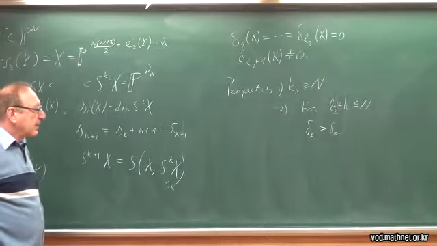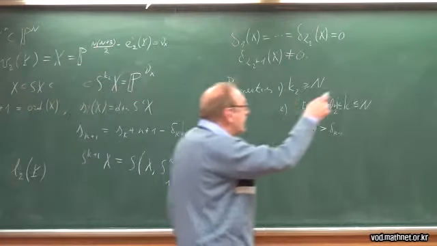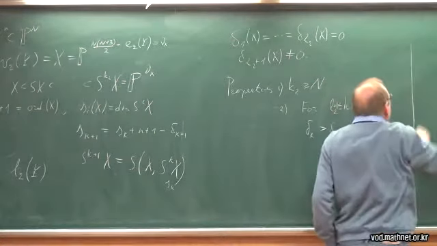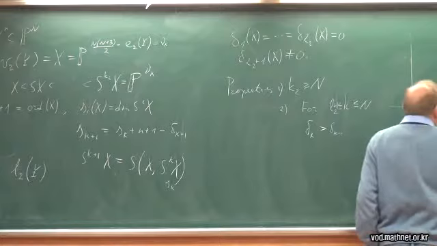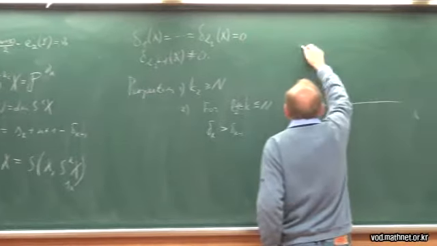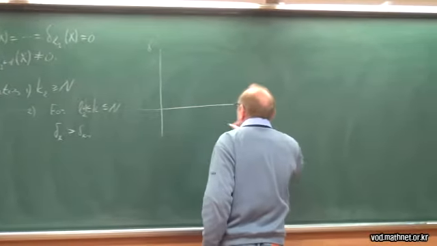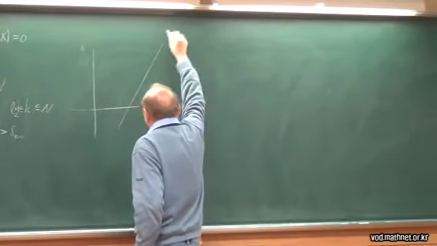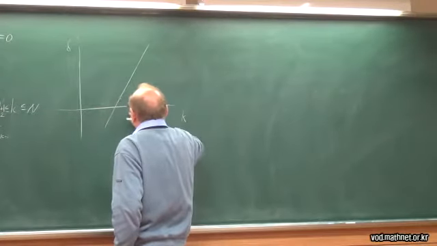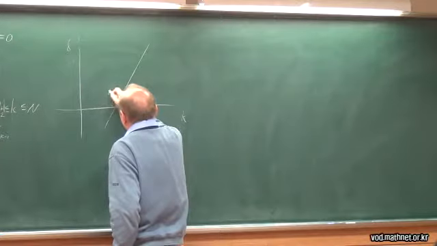And after that I showed that if we draw here k, and here we draw delta, then this function delta k is always contained in a certain band, where here we have c equal to the codimension.